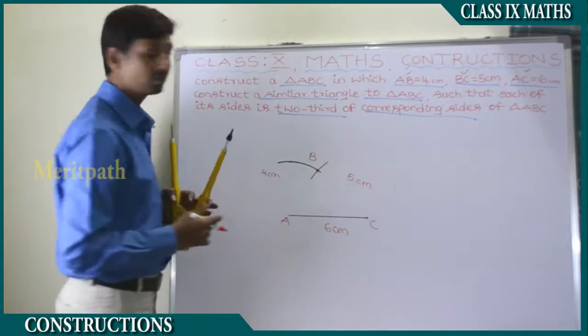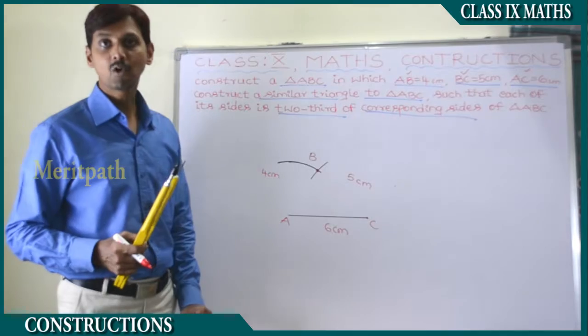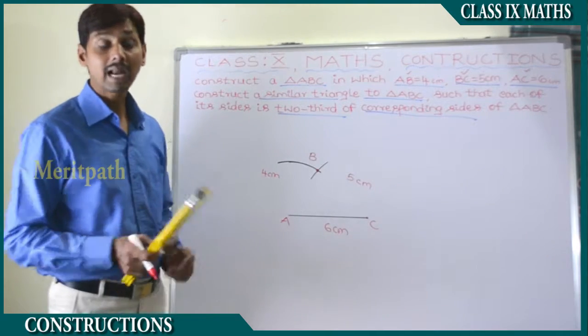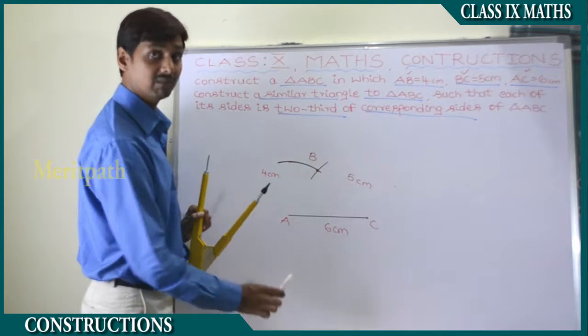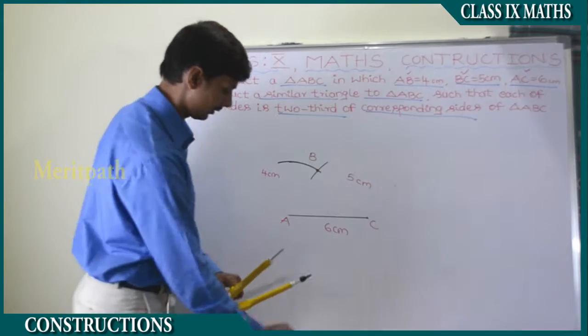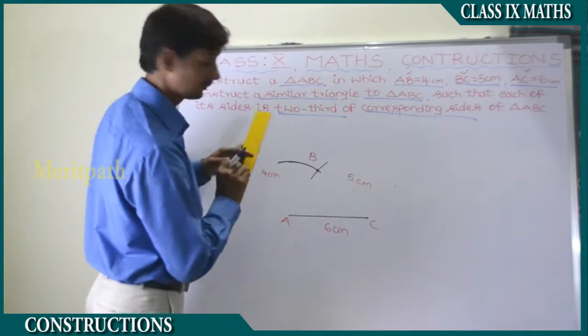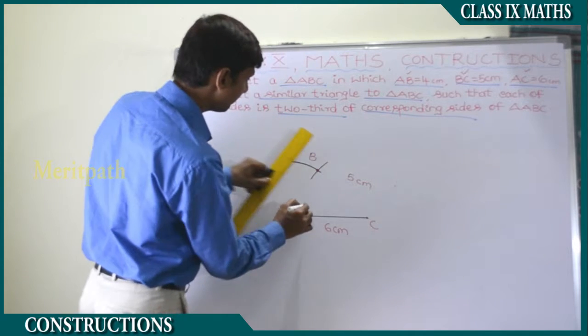Now let us observe A, B, C. We got the 3 points. It's nothing but a triangle. Let's join its sides so that we'll get a triangle. Using the scale, let's join AB.